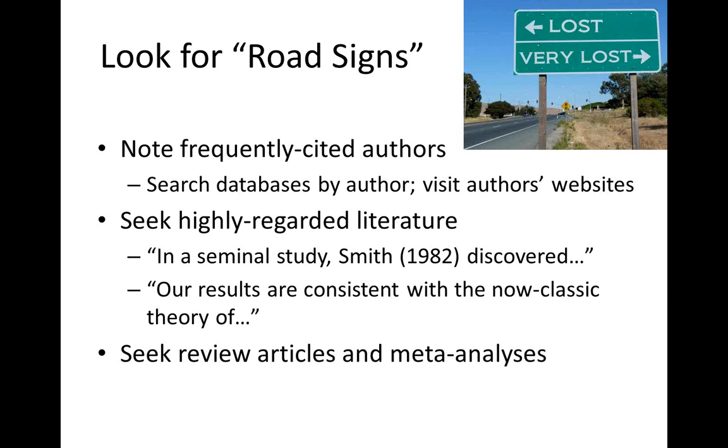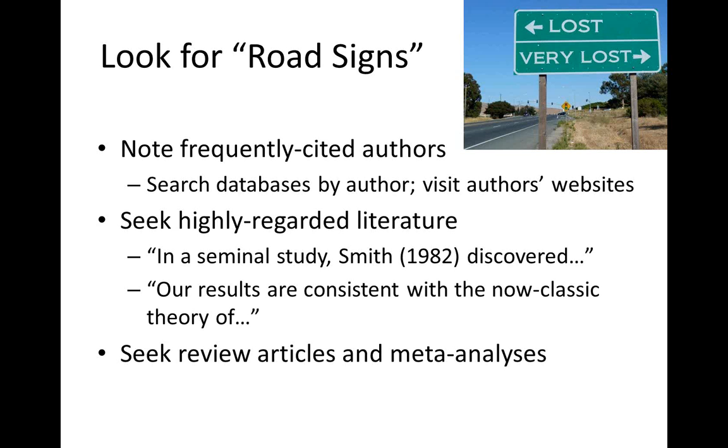A lot of the time you'll see that there's only a limited group of people who are studying the same phenomenon. At that point, it might be easier to search by what they've done over the years. As opposed to looking for topics and keywords, look at what a particular group has done, because they'll be focused on the same topic over time.